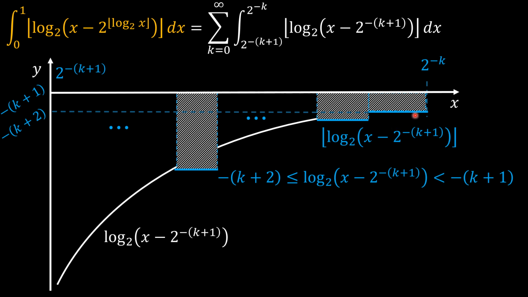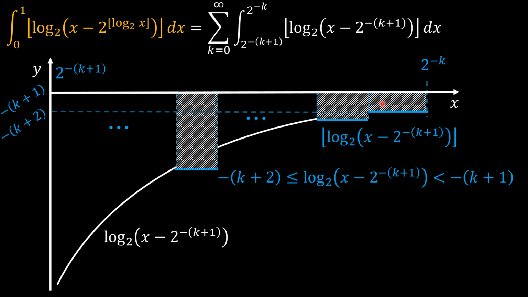Now let's focus on this interval here, when the floor of log to the base 2 of x minus 2 to the power negative k plus 1 is equal to negative k plus 2. In this interval, this function lies between negative k plus 2 and negative k plus 1.